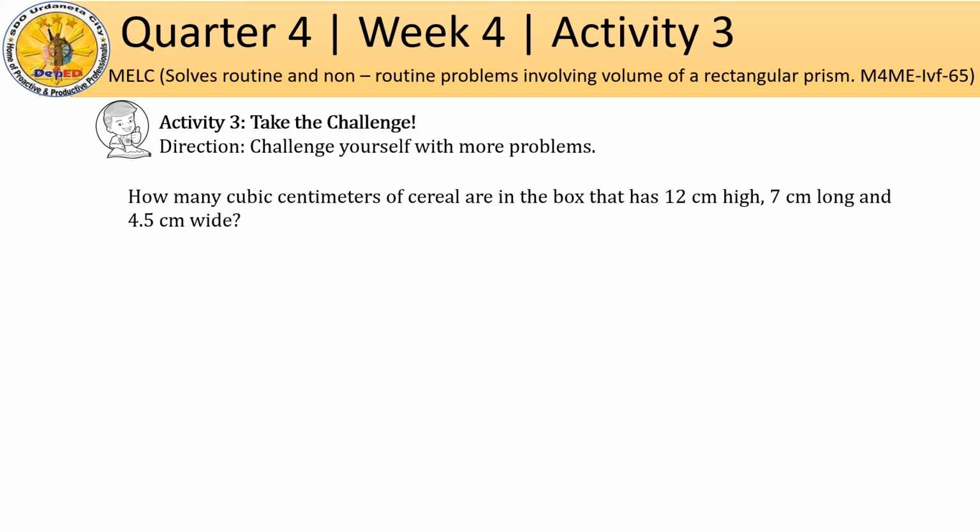Number 2, plan. So what operation are we going to use, or what formula? Very good. We will use volume equals length times width times height. Okay? So 7 centimeters times 4.5 centimeters times 12 centimeters. What is the answer?